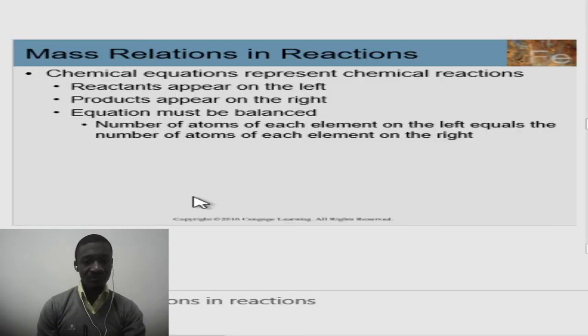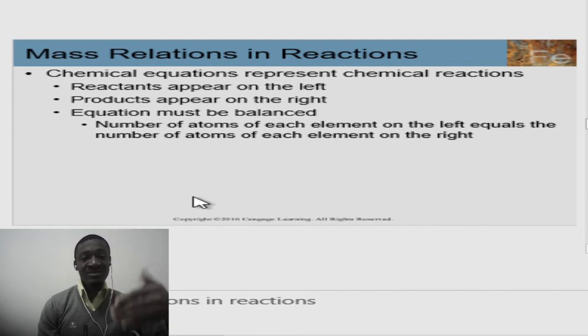In part 2, we're just going to be continuing from where we stopped in the last part, which was mass relations in reactions. So, what's a reaction? A reaction is simply where you get your reactants together and then you get the products afterwards.